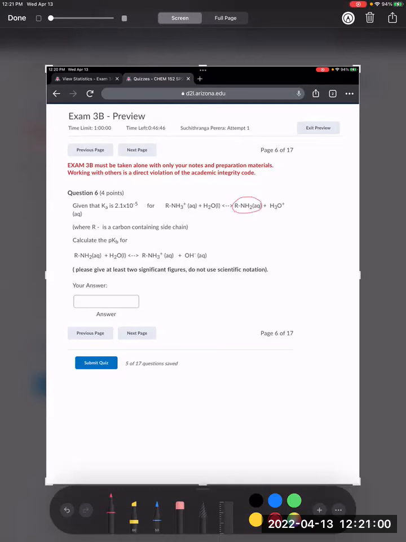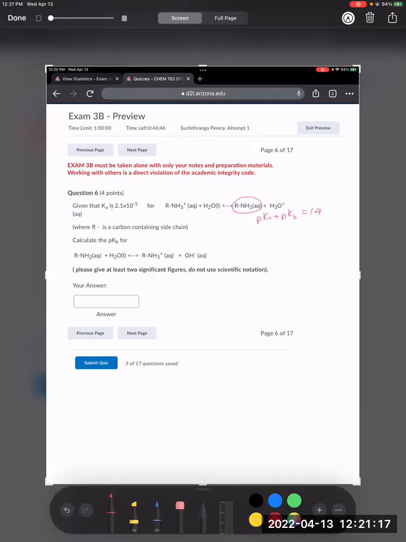In other words, we need to find the pKb for the conjugate base. So we know for conjugate pairs, pKa plus pKb is 14.